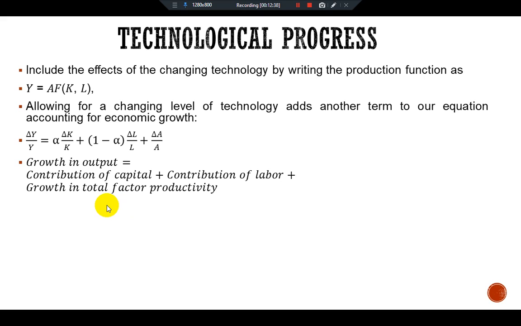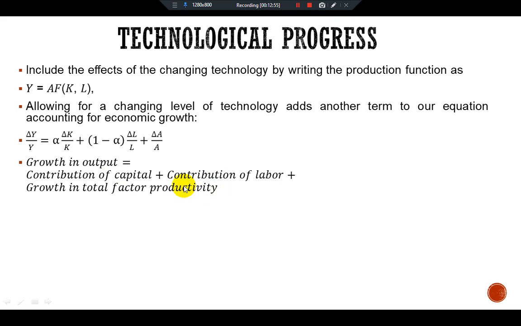This is the key equation of growth accounting. It identifies and allows us to measure the three sources of growth, that is changes in the amount of capital, changes in the amount of labor, and changes in total factor productivity.